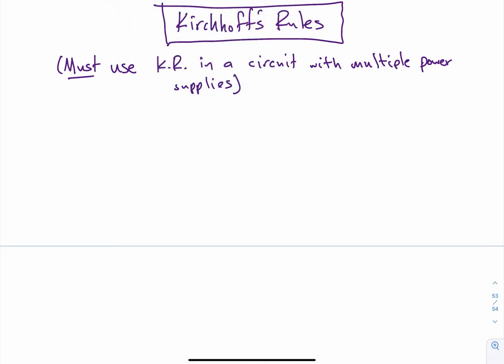Kirchhoff's rules generally can be broken into two categories. The first is called the Junction Rule.